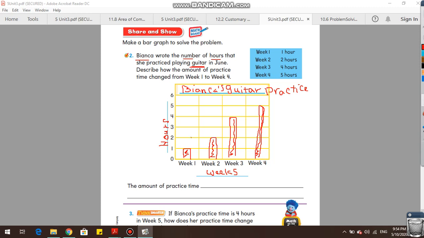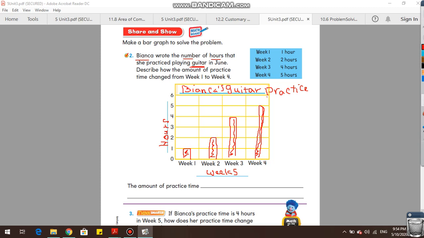It was 1, then 2, then 4, then 5. So it become bigger, become greater, but I can't say grow. In the previous bar graph, we said that plants grow taller each week. But here I don't have plants, I have a practicing hour.